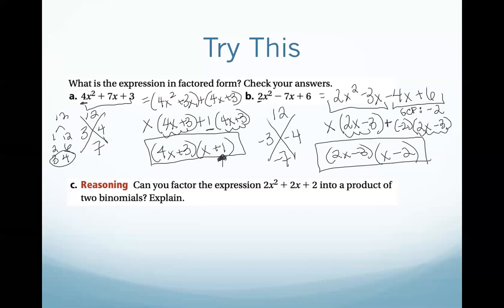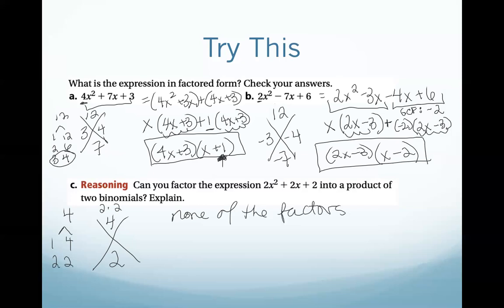Okay, so if we try this for 2x squared plus 2x plus 2, then we're looking for two numbers that multiply to 4 and add to 2. But if I look at the factors of 4, I have 1 and 4 and 2 and 2. None of the factors of 4 add to 2.